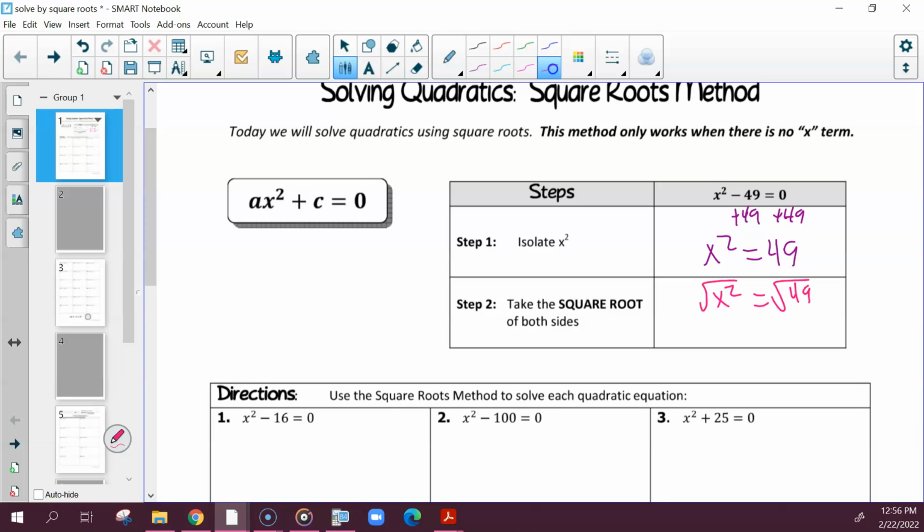Right? Now, in basically everything we've done so far, anytime we've taken the square root of something, we've just been looking at the positive version. So we know this is x equals 7, right?